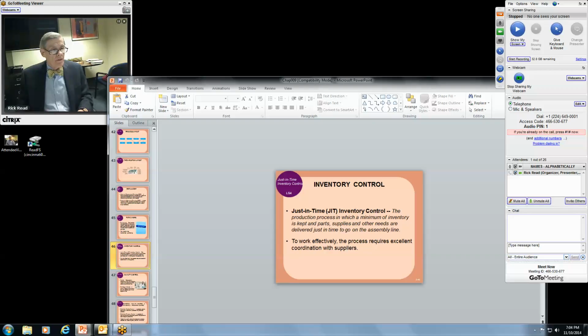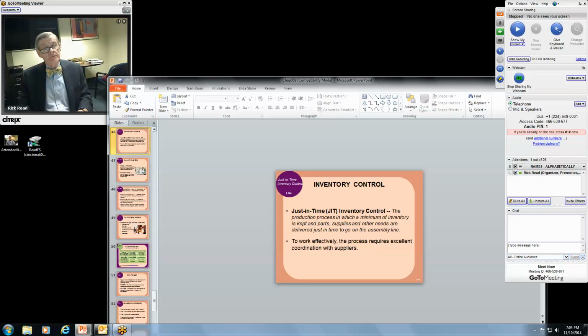Now, this is one of the newer things, one of the things that the Japanese manufacturers perfected. We find a lot of our manufacturers are into this today, and that is just-in-time inventory.